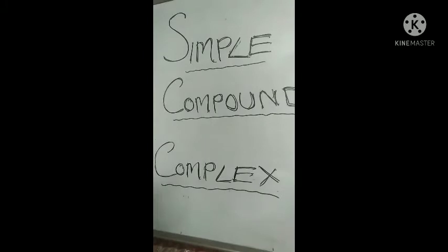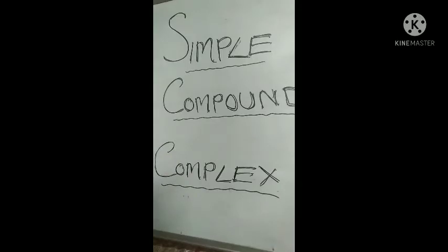So a dependent clause depends on the independent clause. A dependent clause is of three types: adjective clause, adverb clause and noun clause.